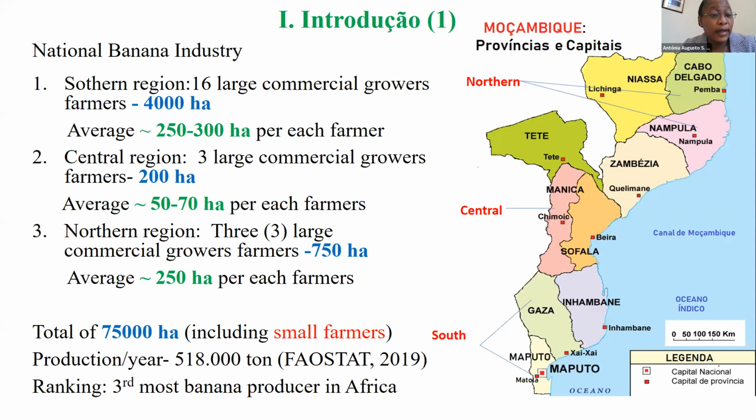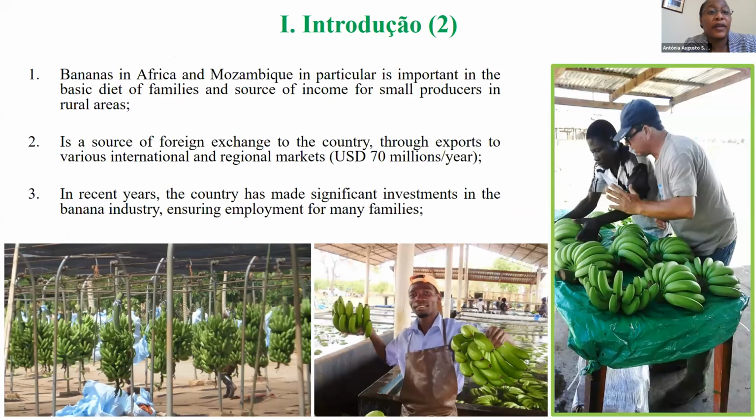The total area in Mozambique is 75,000 hectares, including the small farms. The production per year, according to FAO statistics, is 518,000 tons, and Mozambique is the 3rd largest banana producer in Africa.